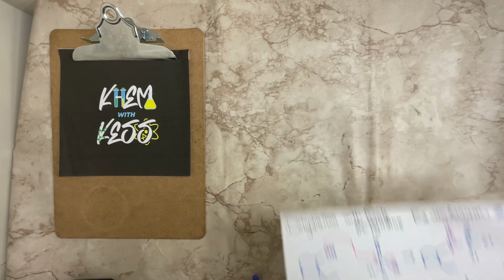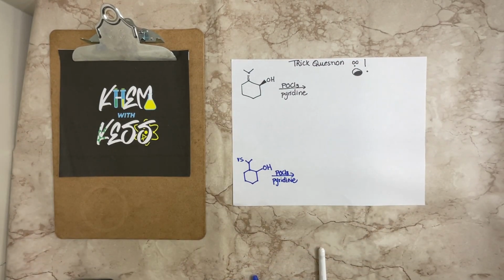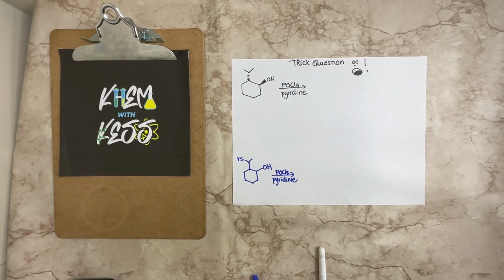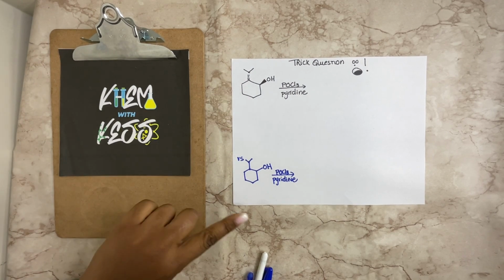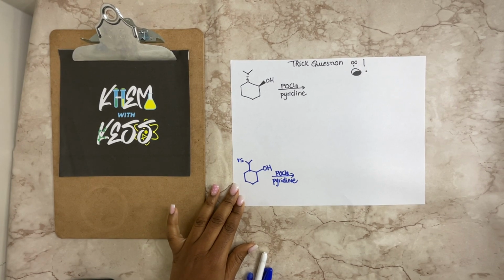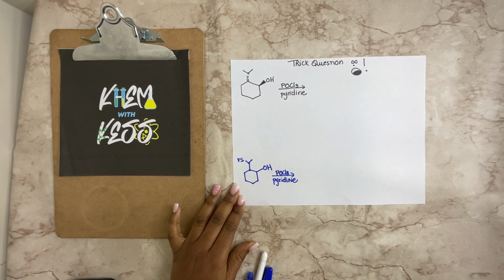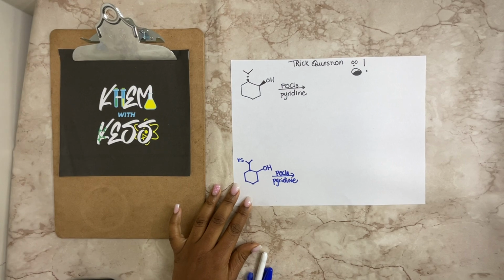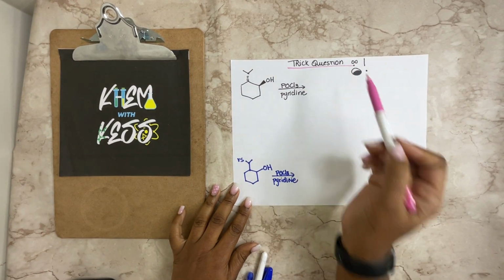So, just to give you another example. Now, if it's with stereochemistry or without on a cyclohexane ring, specifically cyclohexane. I'm doing this on purpose because there it is, trick question.